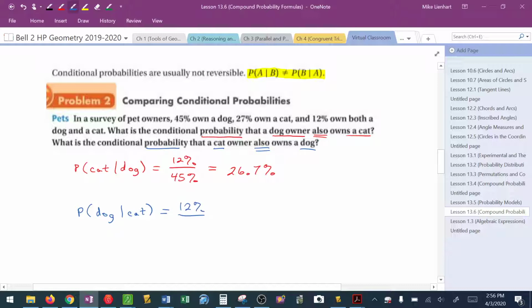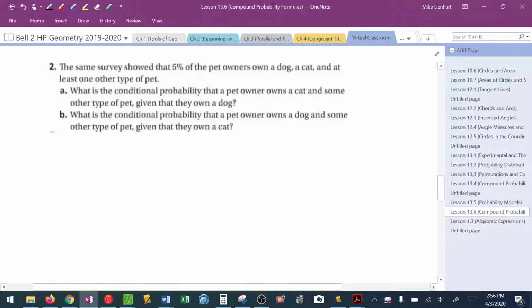And this given is that they own a cat, so that would be 27%. 12% divided by 27% gives me 44.4%. As you can see, if I simply switch the order here, I get different results. That's why we have to be so cautious and pay close attention to what the given is. I'm not going to get the same results.